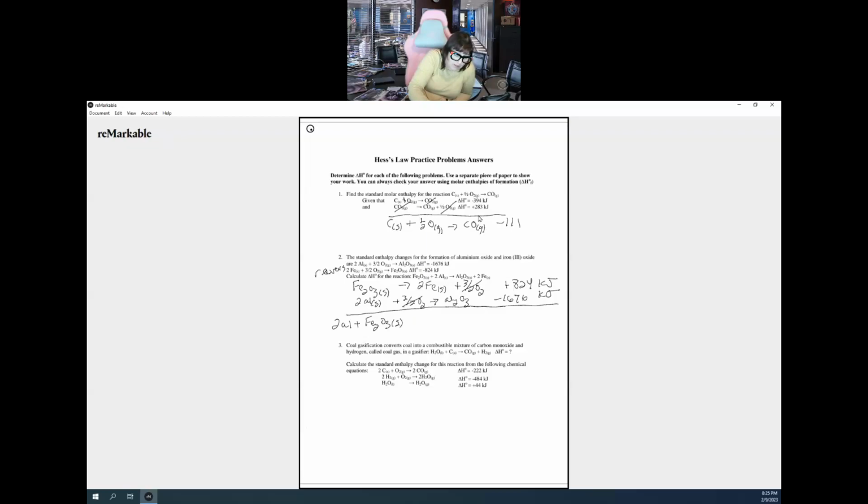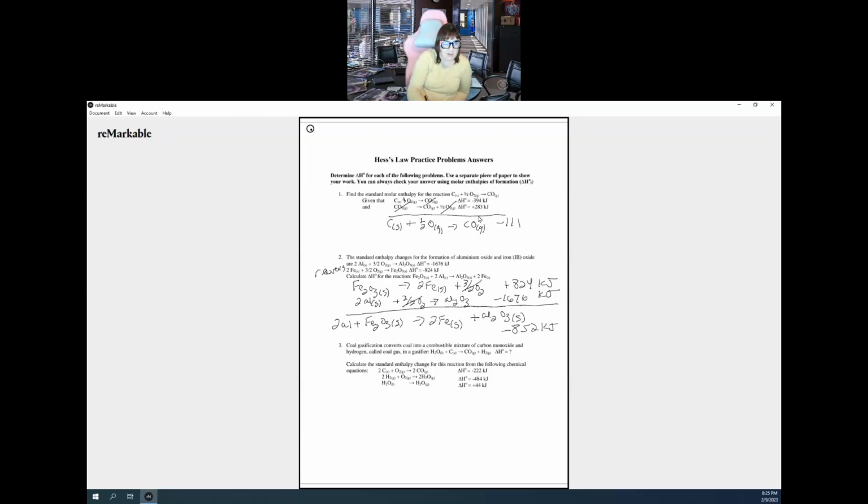Cancel the 3 halves O2's. That gives me 2Fe solid plus Al2O3 solid. And so if I add those two values together, I have 824 minus 1676, and it gives me negative 852 kilojoules. Okay, awesome. That's fun.